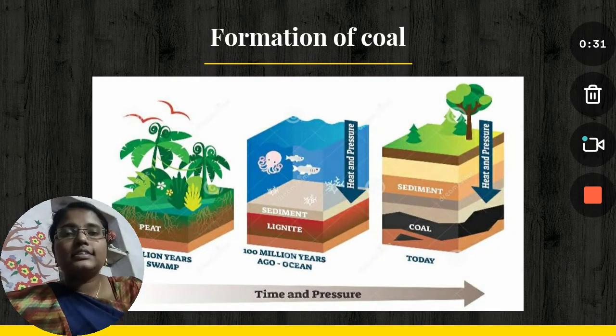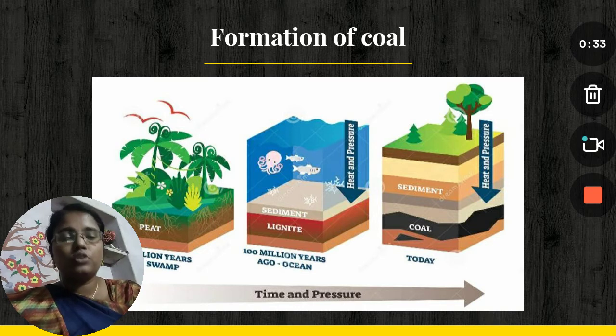Now let us see about the formation of coal. The formation of coal begins in areas of swampy wetlands where groundwater is near or slightly above the topsoil. Because of this, the flora present produces organic matter quickly, faster in fact than it can be decomposed.